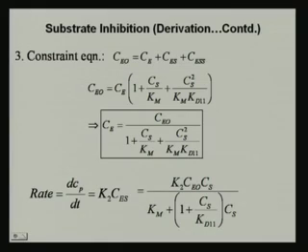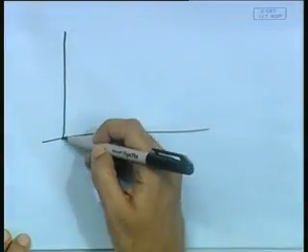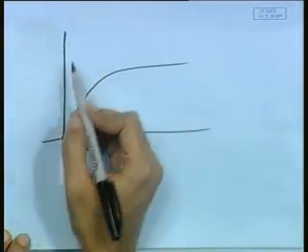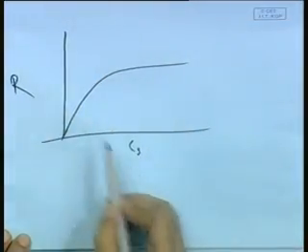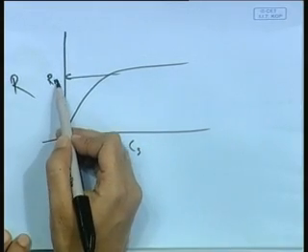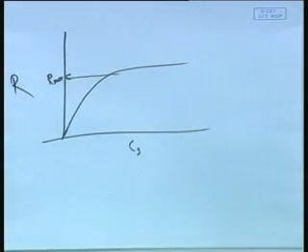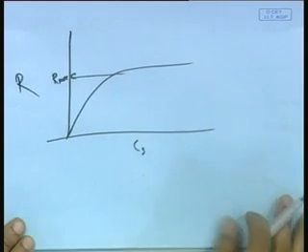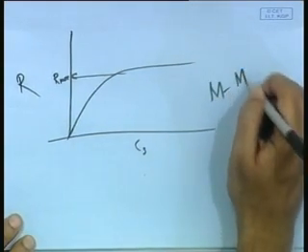Okay. If I ask you to intuit how the rate would go, like in Michaelis-Menten kinetics, the rate goes like this, right? So this is R versus CS. It has an initial slope and then it reaches an R max. So this is the Michaelis-Menten.